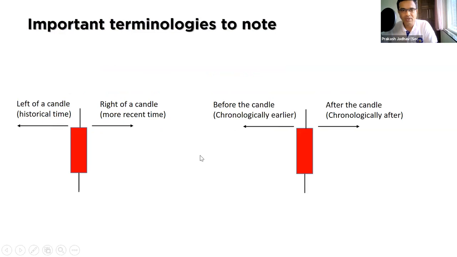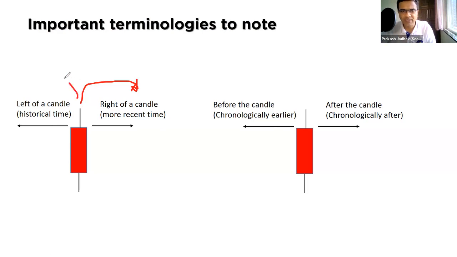Now let's understand a few terminologies before we get into the definition of these. These are the terminologies we'll be regularly using, and we don't want people to get confused. So let's say this is a candle. Whenever we say right of the candle, we mean on this side, a more recent time.